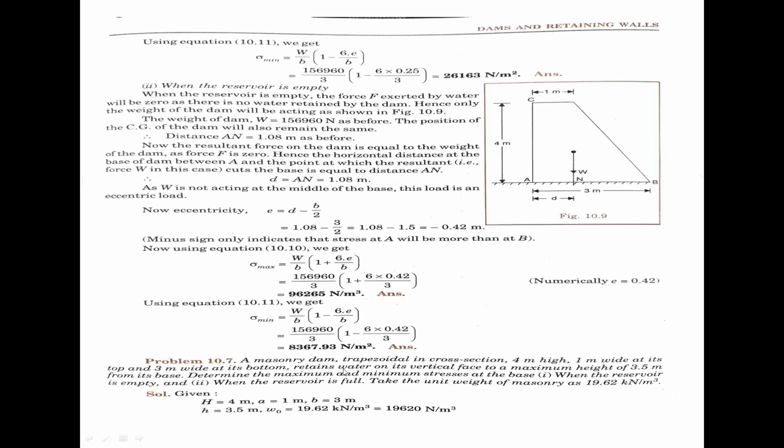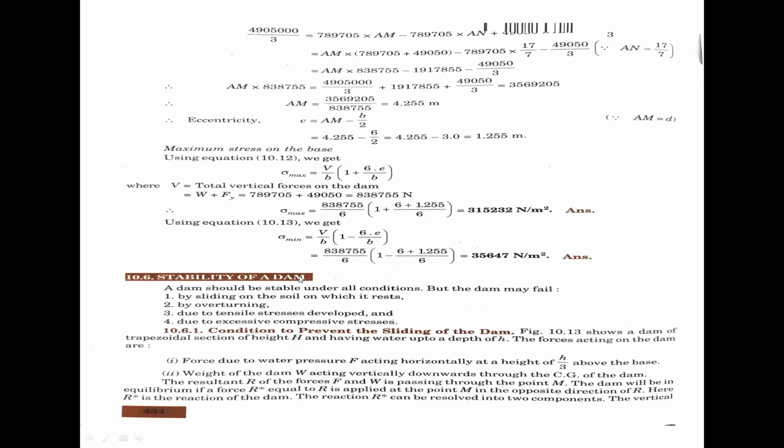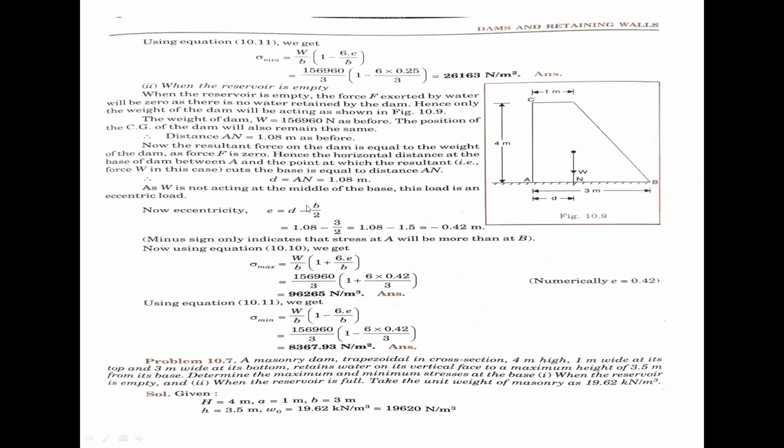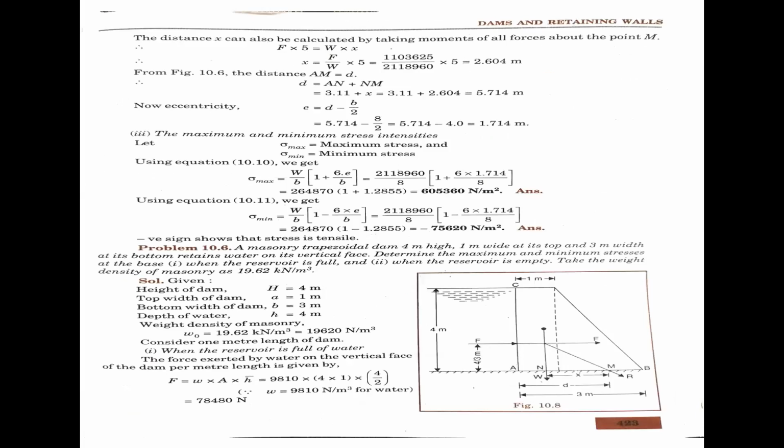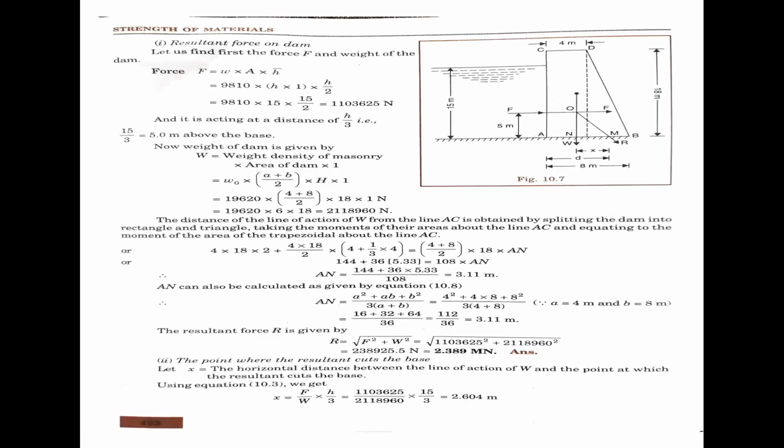Next class I will explain the topic stability of dams, very important. Now clearly I will explain in these problems for rectangular dams and trapezoidal dams, example problems. You have more practice in these problems easily.